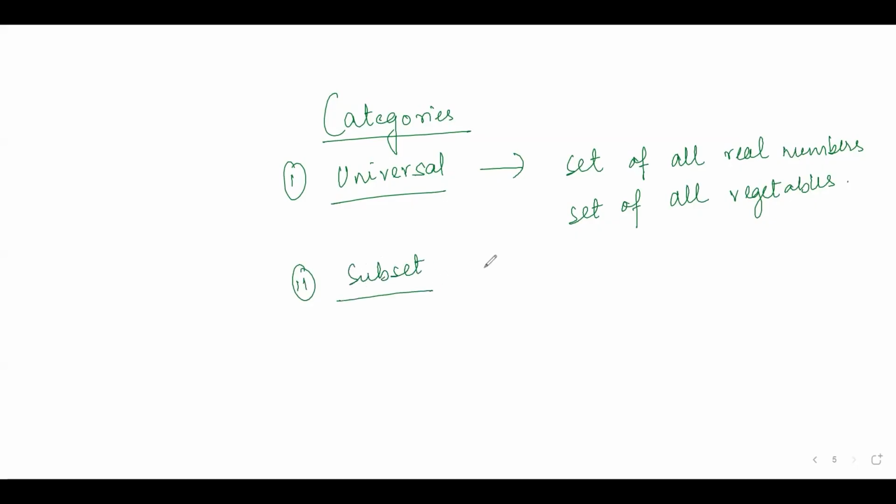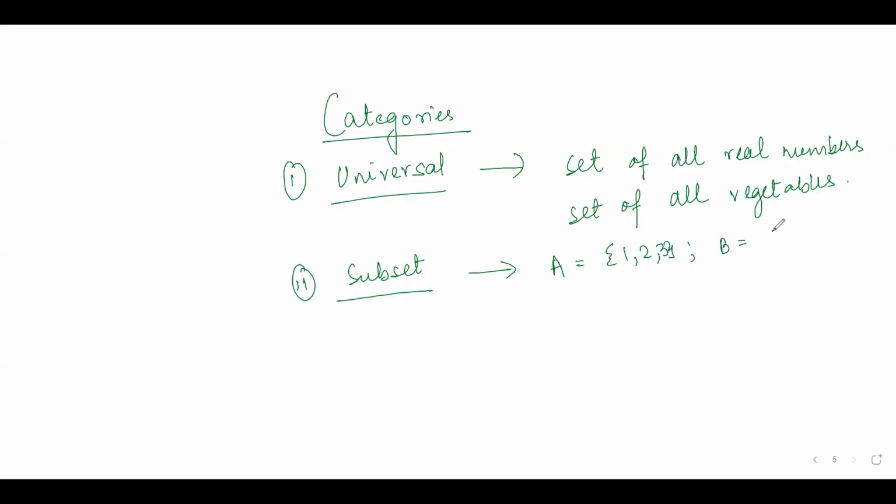Category: subset. A subset is a set that contains a few elements from another set. For example, there are two sets A and B. A has, say, 1, 2, 3.